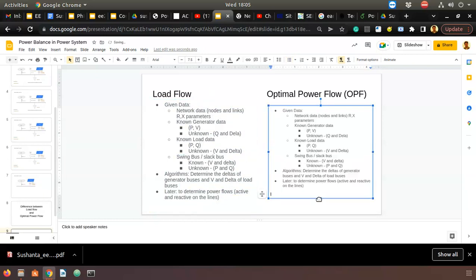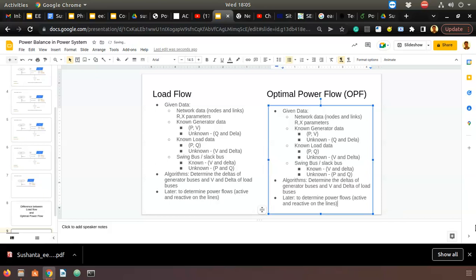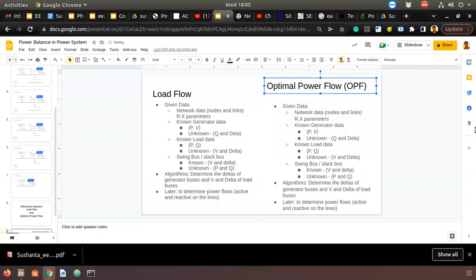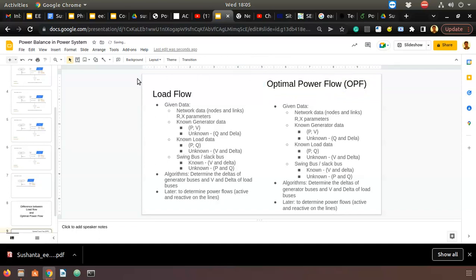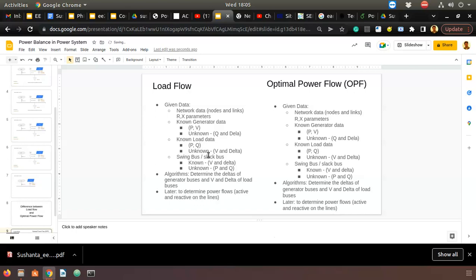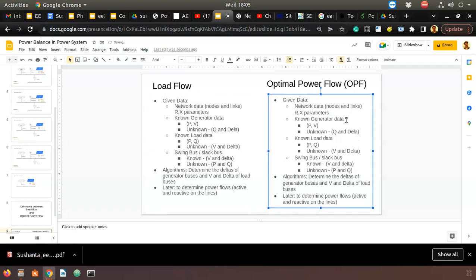But I know there is a concept of multiple slack buses. Sir, even for modeling we are using only one swing bus, for all India, not more than one. For the entire India, it will even include Bangladesh and Nepal.